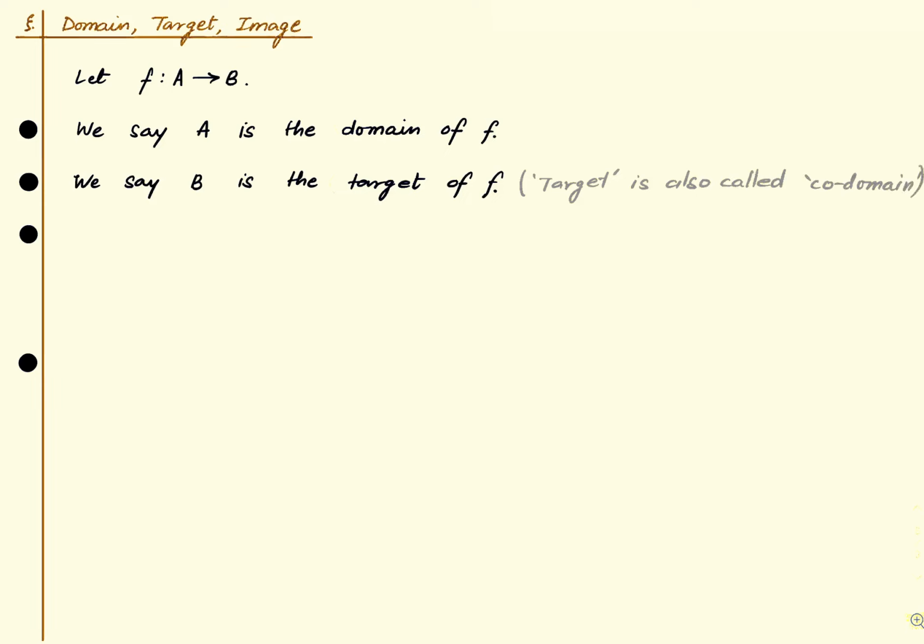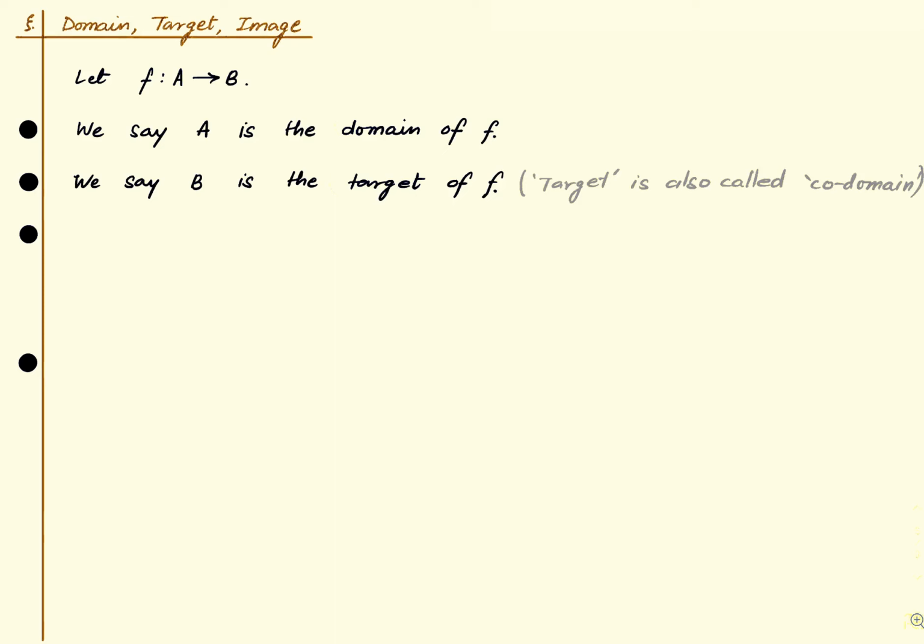I hope you can read it. So those are two equivalent terminologies. In textbooks, the word target is not used very frequently. Authors use codomain. But I don't like using domain and codomain because they sound very similar. So I use the word target and I think it's very fitting.